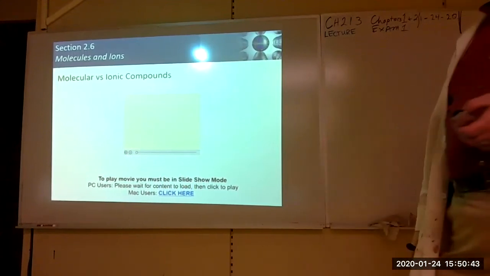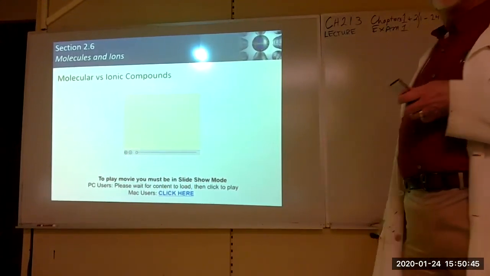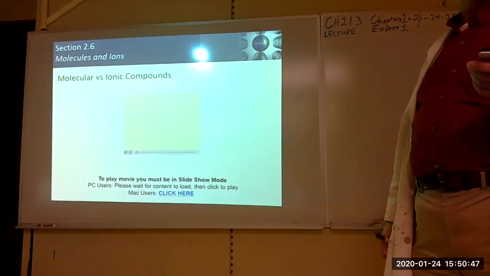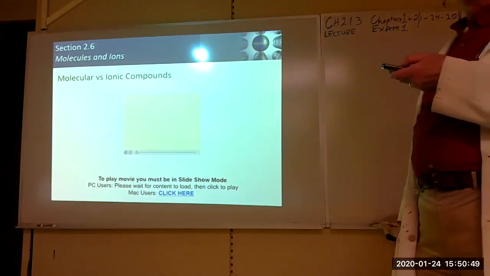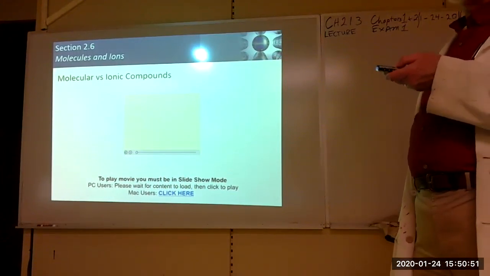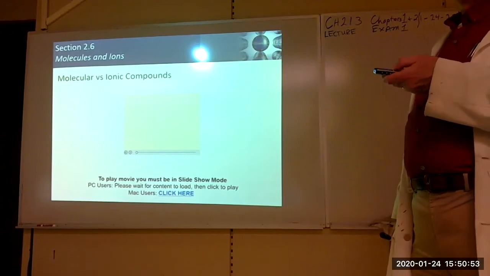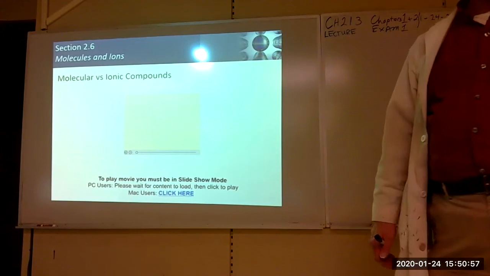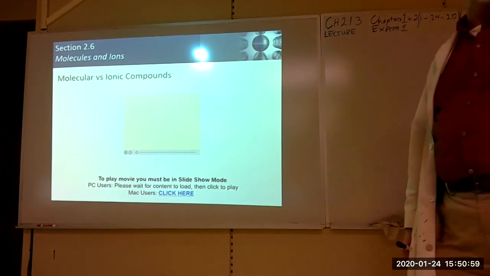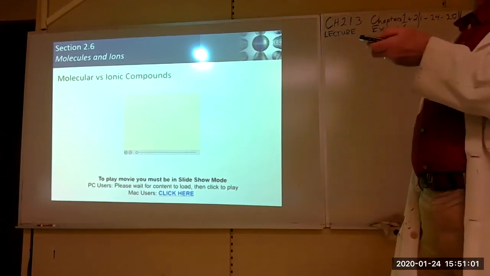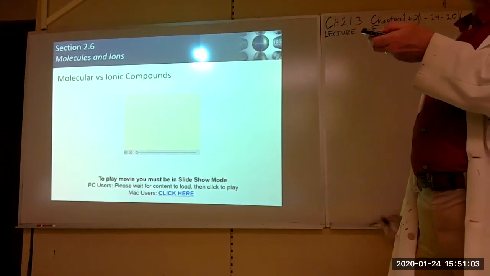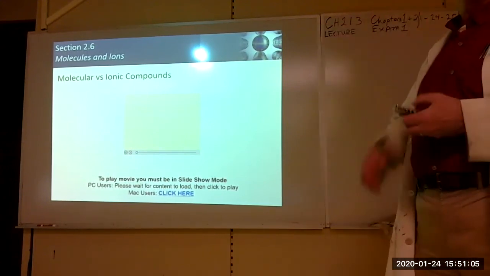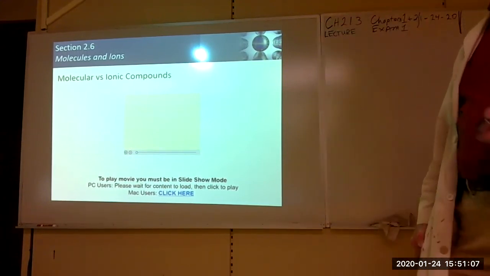So if you have two elements that are from similar parts, then that usually means from this side. If you get two of these reacting, you're going to get covalent bonds in molecular substances, including hydrogen. We stick hydrogen over here just for balance. Hydrogen's kind of an animal of its own. It doesn't fit anywhere.